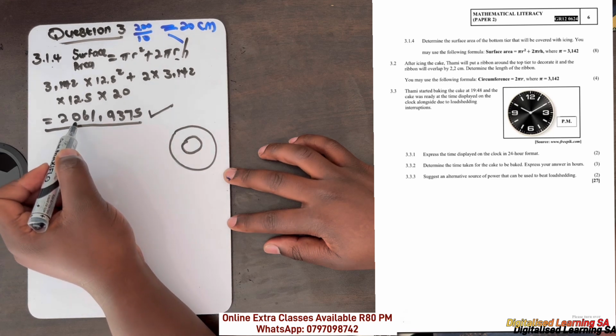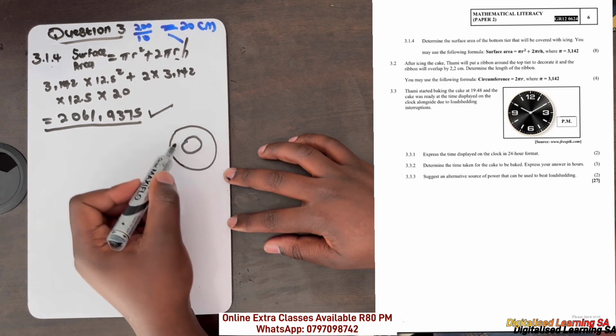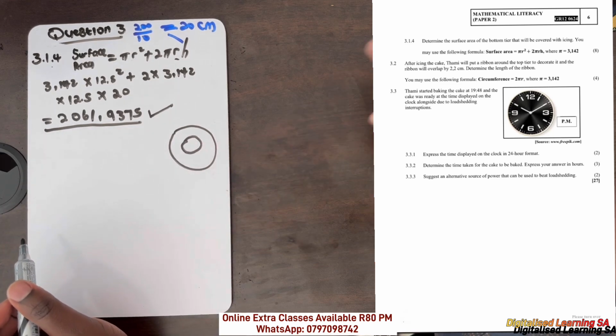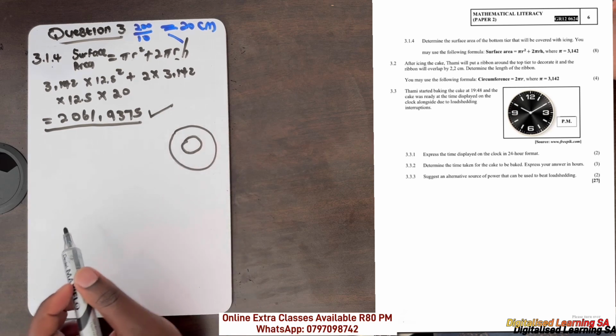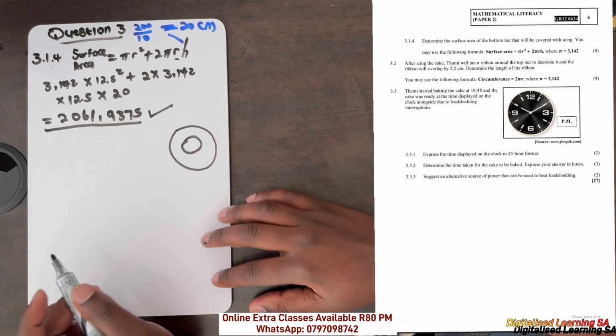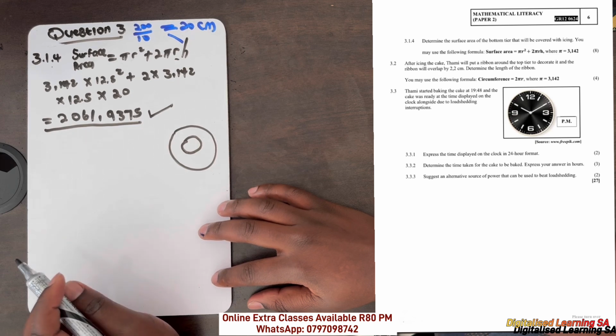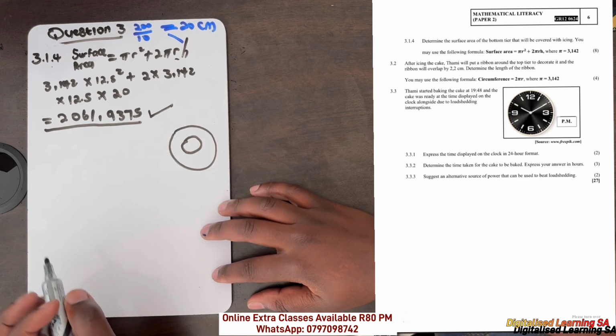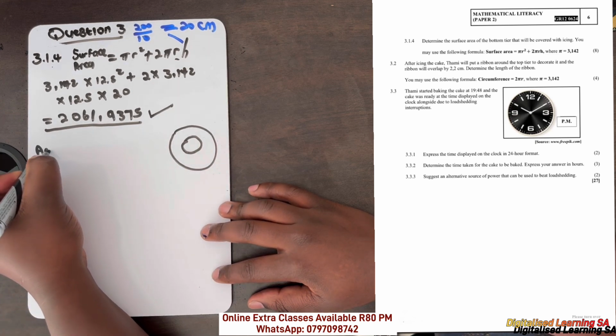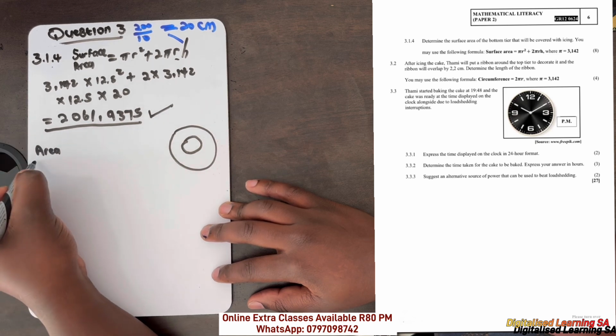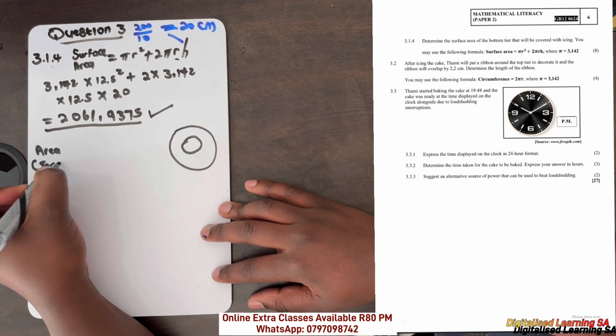But here we calculated icing for everything on the surface. So now we need to remove this area that does not have icing. We do that by removing the area of our top tier cake, so we need to find the area of our top tier.